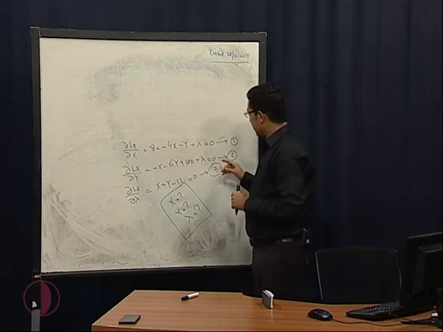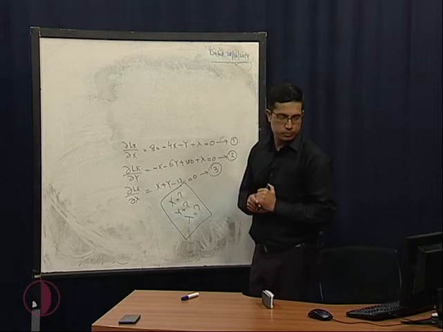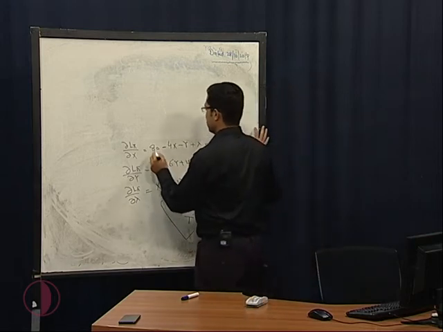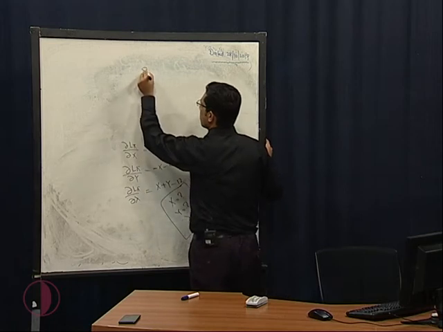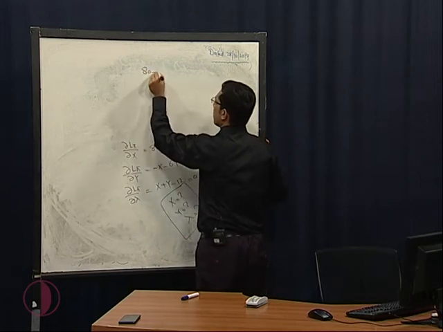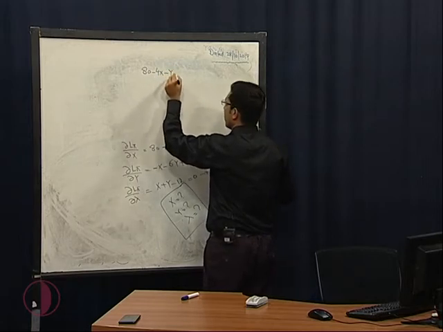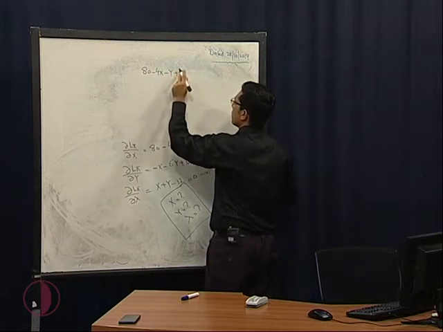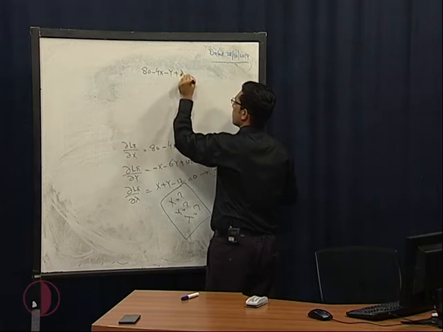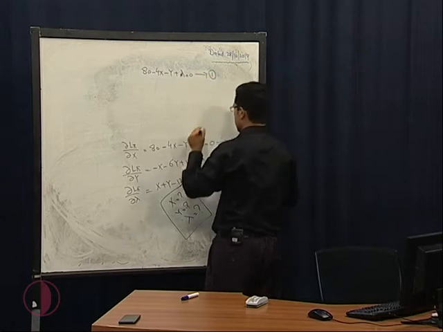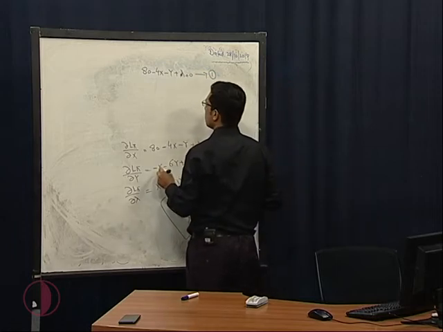How will we solve these equations? We will subtract equation 2 from equation 1. This is equation 1: minus 4x minus y plus lambda equal to 0, and this is equation 2.